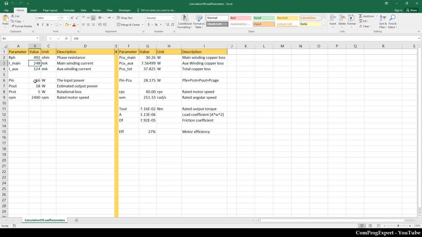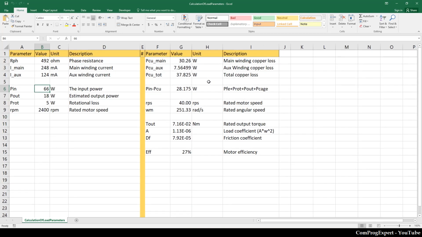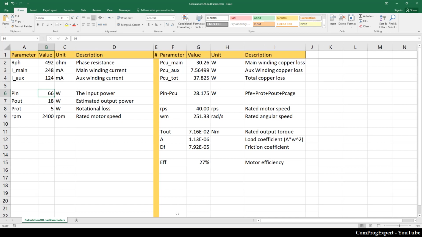Also, we know the value of input power, and we know that the input power minus the stator winding copper loss is equal iron losses, rotational losses, output power, and rotor cage, right?